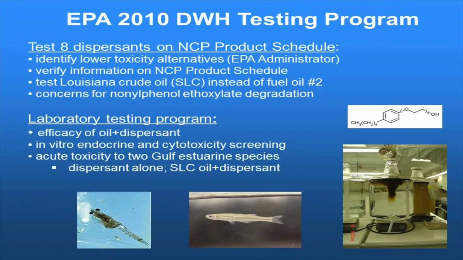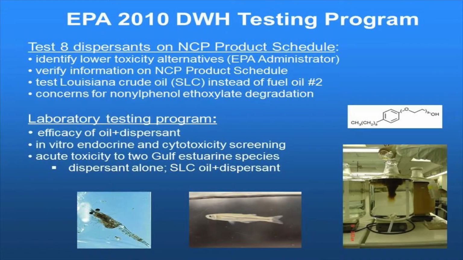And then there were some concerns that, not for Corexit, but for some of the other alternative dispersants, they contained a small amount of chemical that could be degraded into a more toxic chemical called an endocrine disruptor. All right, so we did a lab testing program.